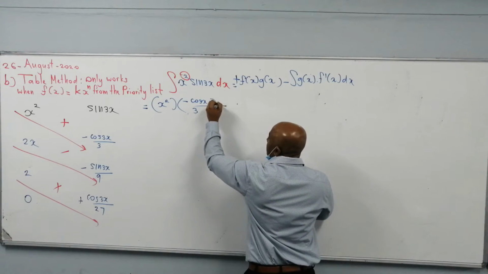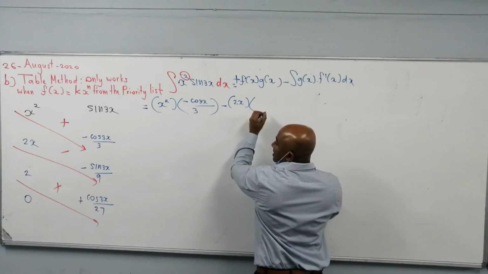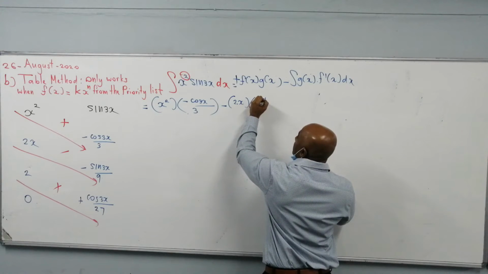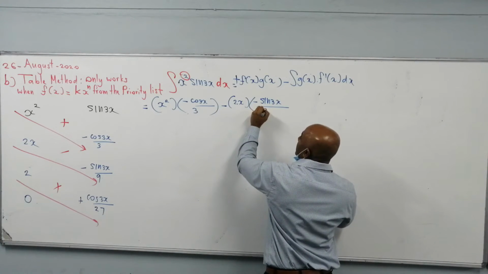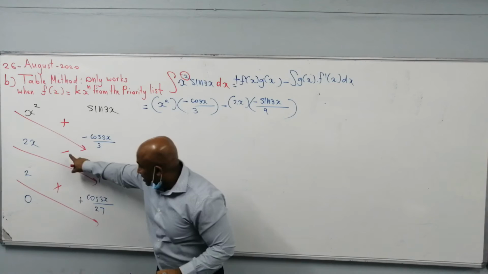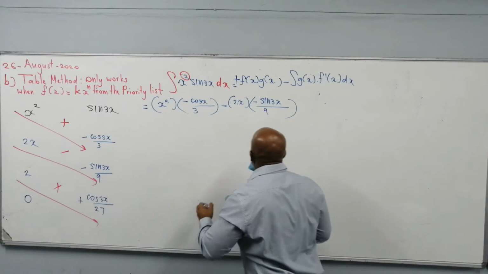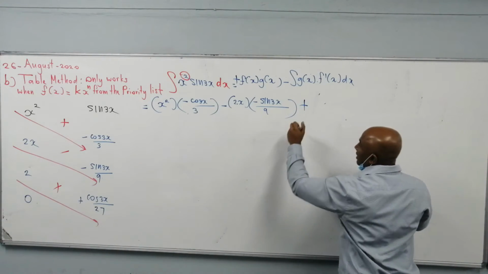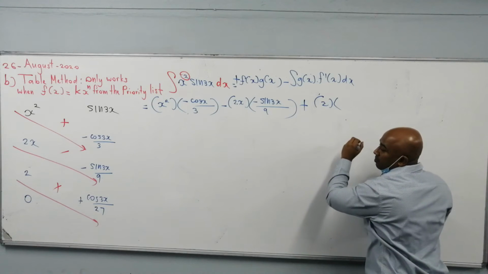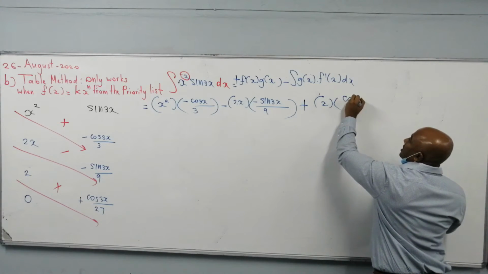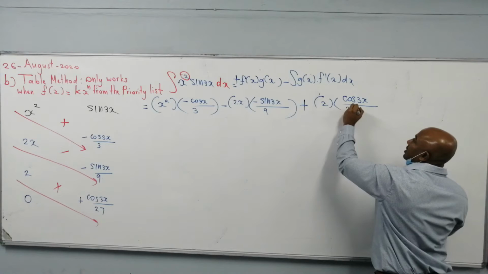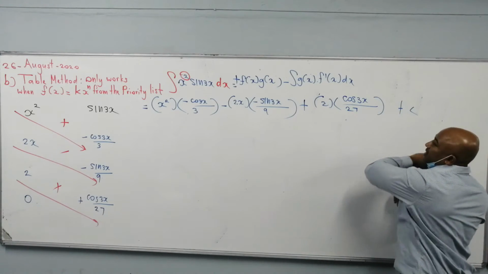Minus, I got my 2x times minus sine 3x all over 9. There's a minus. The next one is plus, what do I have there? 2 times cos 3x all over 27 plus c. I'm done now.